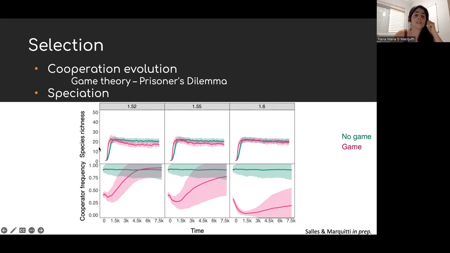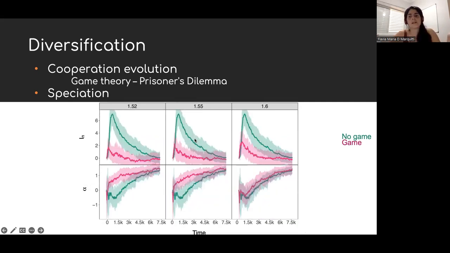And the species richness, or the number of species that was formed, didn't have a big difference depending on the value of B. But something that was really curious that we observed was about the phylogenetic trees without game and with game. When I say without game, I mean in a neutral scenario, and with game, which means I have fitness, I have some individuals reproducing more than the others.